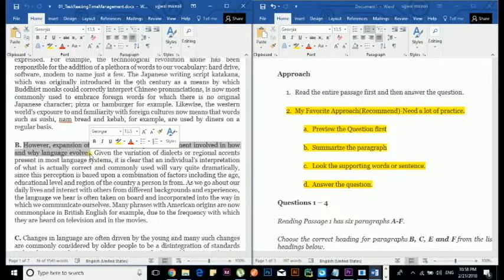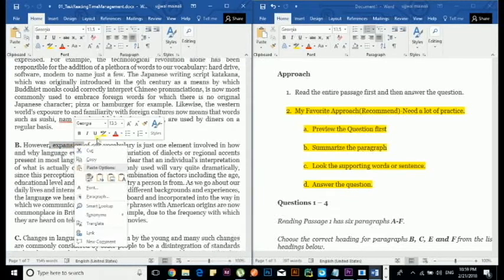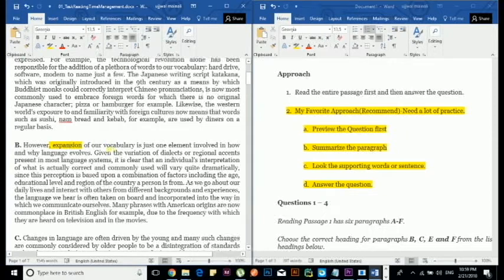So before deciding what the central idea is, let's go through the keywords here. The keywords are expansion, our vocabulary, just one element, and the evolution of language.